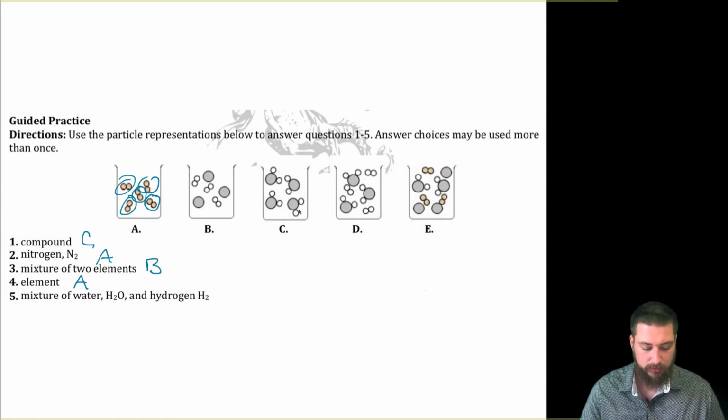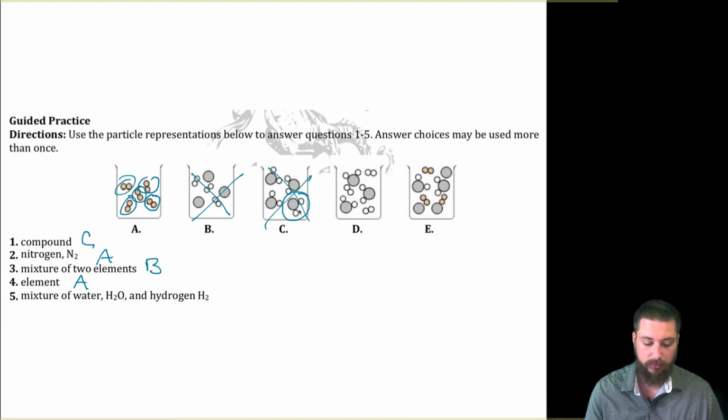And the last one, it's a mixture of water, which is H2O, and hydrogen gas. And so if you take a look, this is not H2O. This does have molecules of H2O in there, but it doesn't have hydrogen gas in there, so it's not this one.